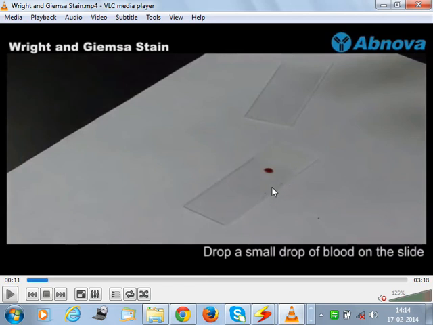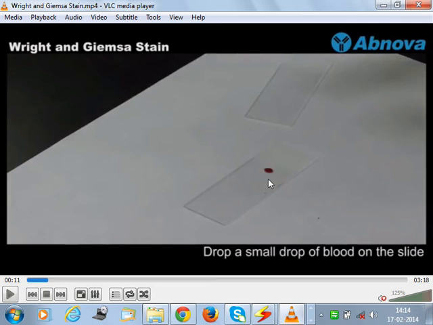So we use a slide to create a blood smear. We don't use a Newbauer chamber. Here we are using a glass slide. Blood on a glass slide.